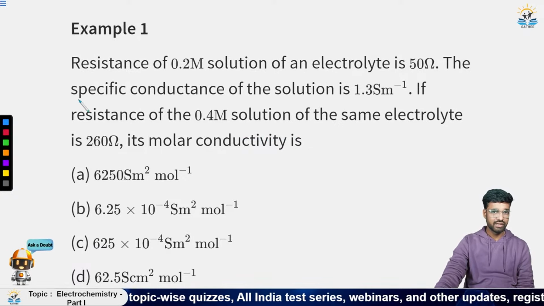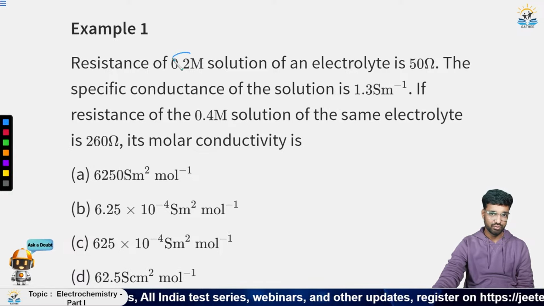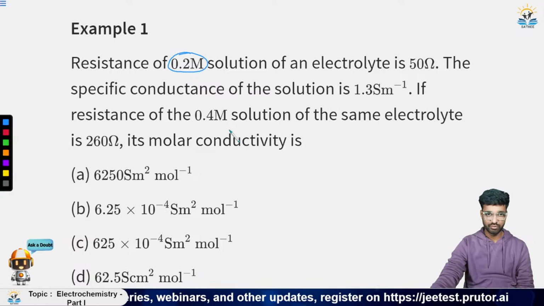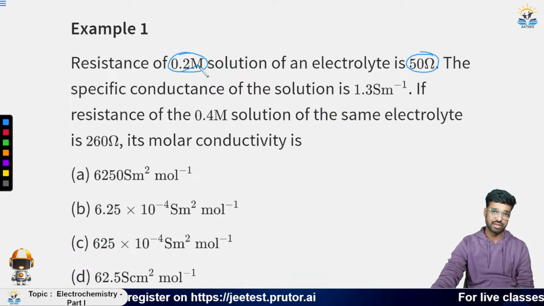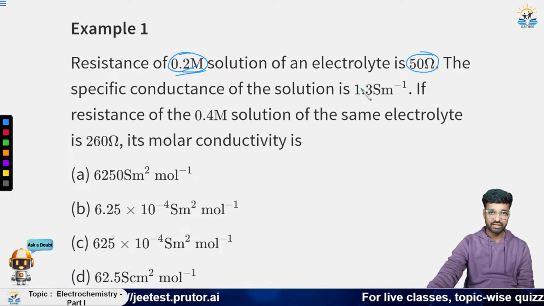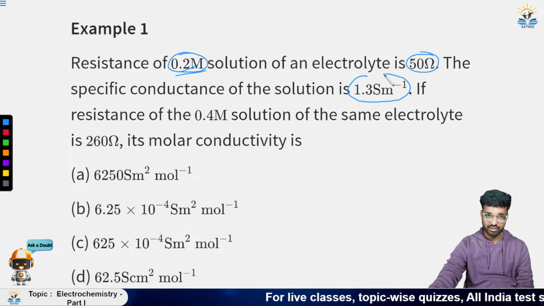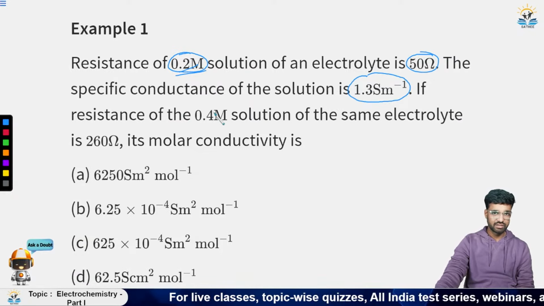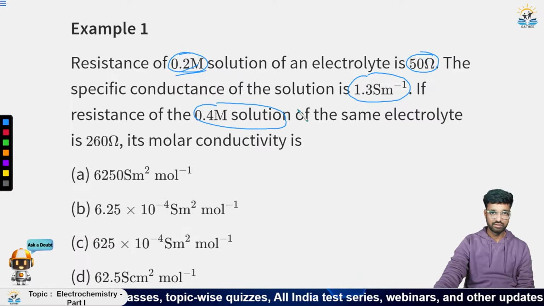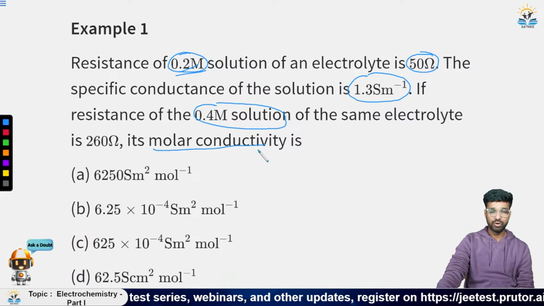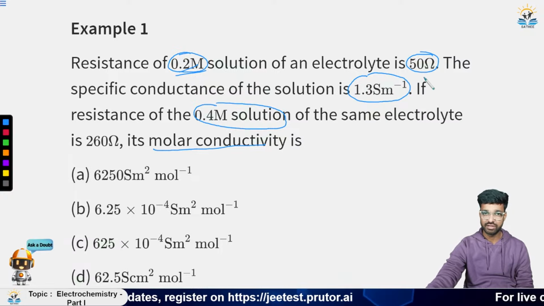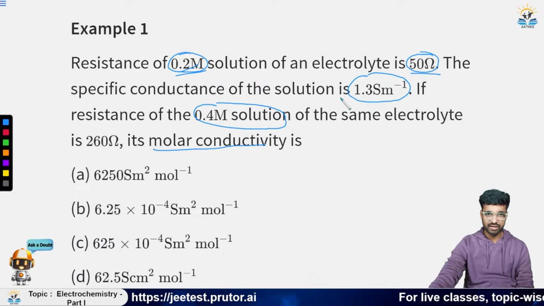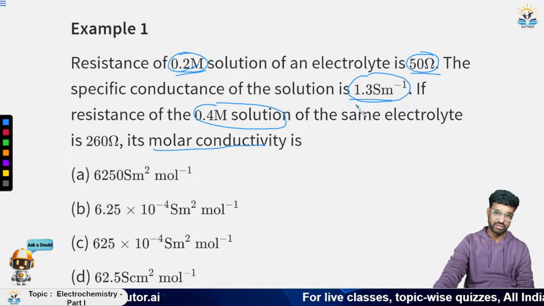It says that we are given a solution having a 0.2 molar concentration, a resistance of 50 ohm, and the specific conductance of the solution is 1.3 Siemens per meter.